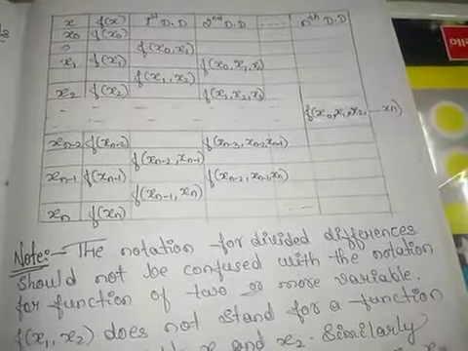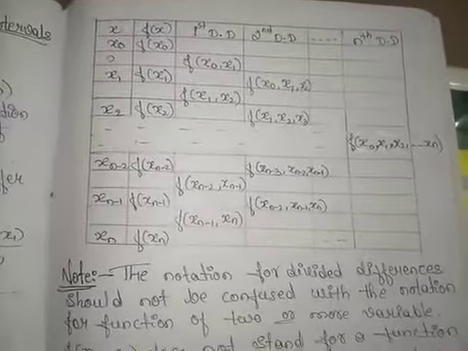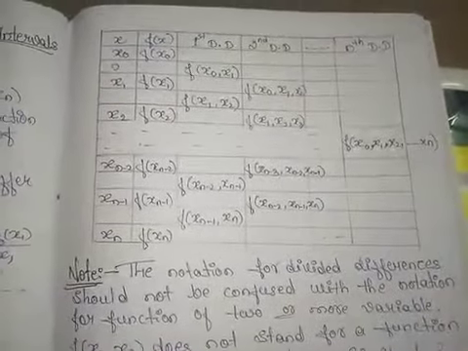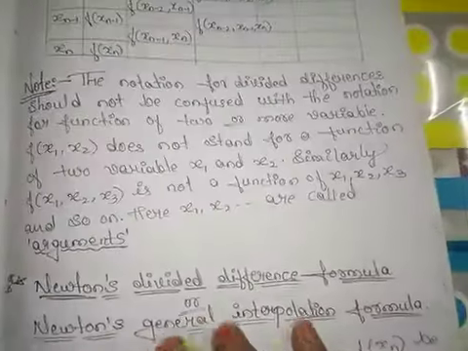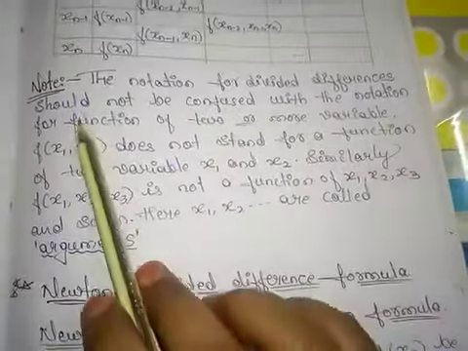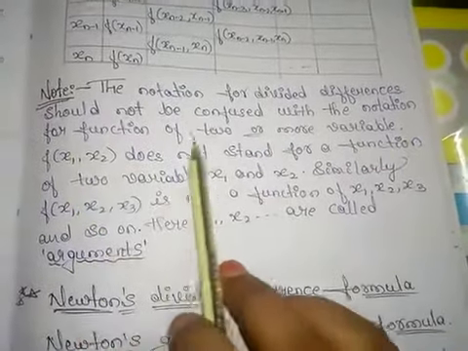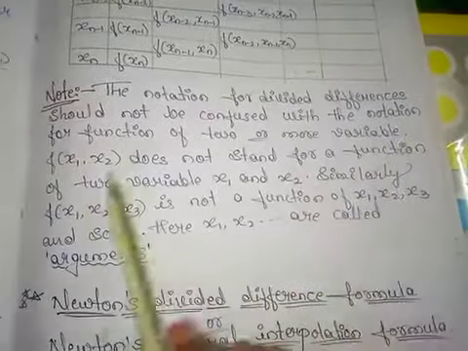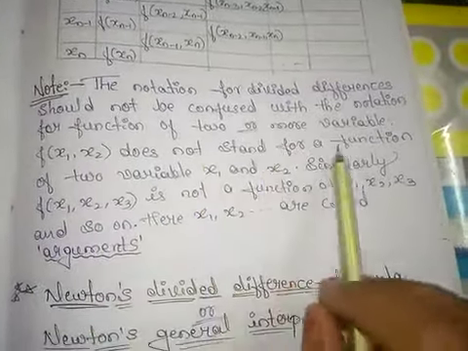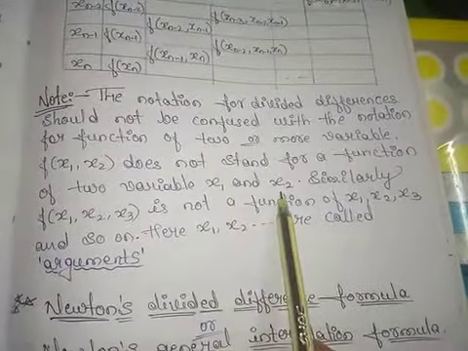While we calculate the example, means when we solve the examples with particular values, you will get the clear idea. Okay, next note: the notation for divided difference should not be confused with the notation for function of two or more variables, that is f of x1 comma x2 does not stand for a function of two variables, that is x1 and x2.